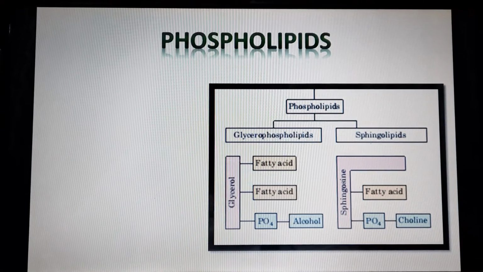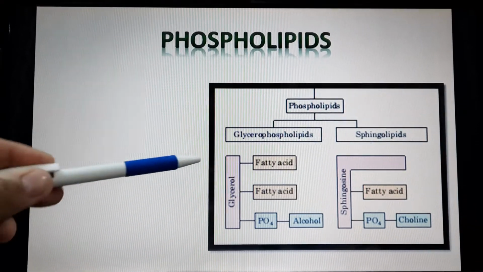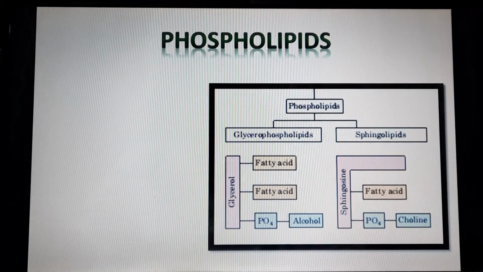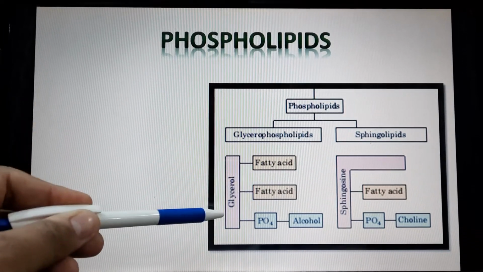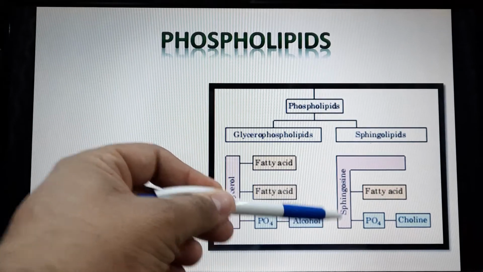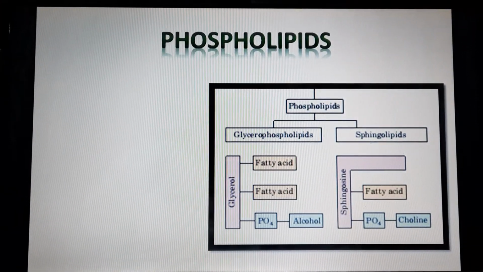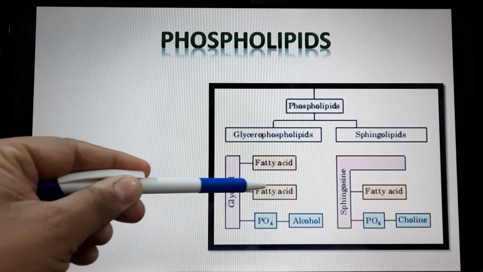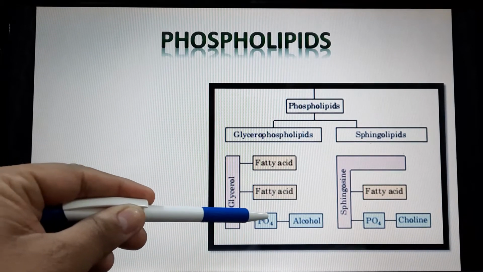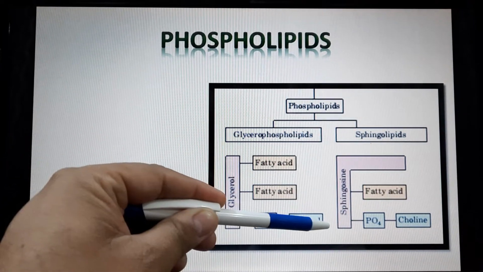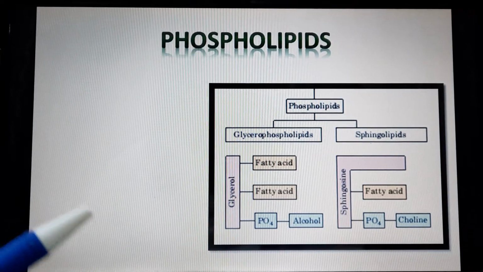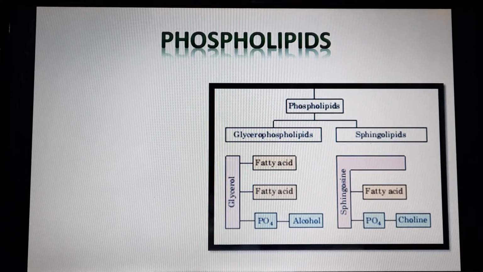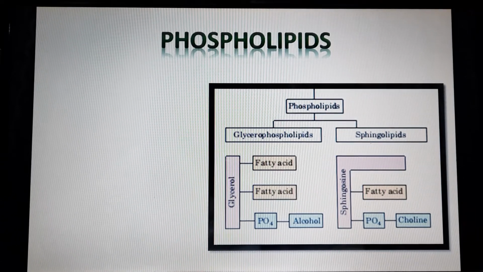On the basis of the backbone alcohol, which is the main alcohol, they are further classified as glycerophospholipid if the backbone is glycerol, or sphingophospholipid if the backbone is sphingosine. In glycerophospholipid, glycerol is esterified to two fatty acids along with an additional phosphate group, to which an alcohol is attached. This alcohol may be choline, inositol, or any other alcohol. On the basis of that alcohol, we further classify the glycerophospholipid.